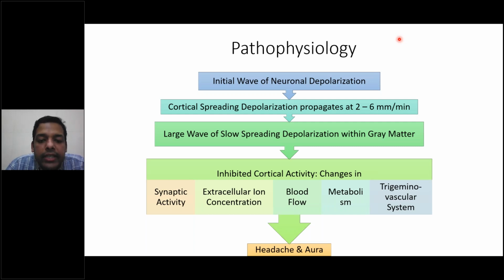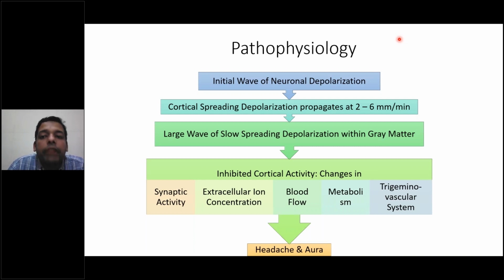As a result of this inhibited cortical activity, there are changes in the synaptic activity, changes in the extracellular ion concentration, changes in the blood flow in the brain, changes in the metabolism in the brain, and changes in the trigeminal vascular system.